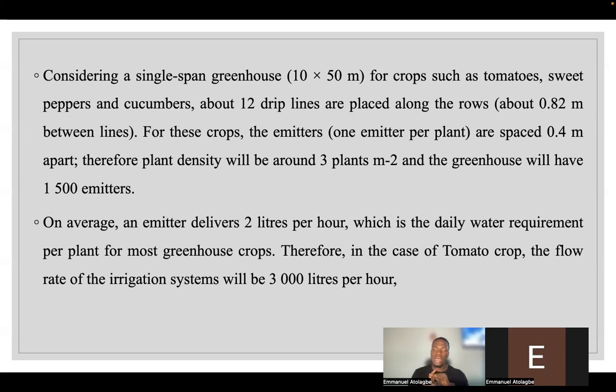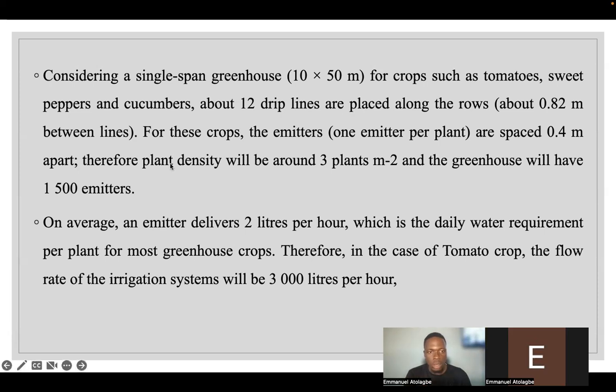Some people go as far as using 60 centimeter. What this does is help you manage your plants properly. The farther your plants are from one another, the lower the rate of infection will be. The closer they are, the more likely they are to spread pests and diseases.